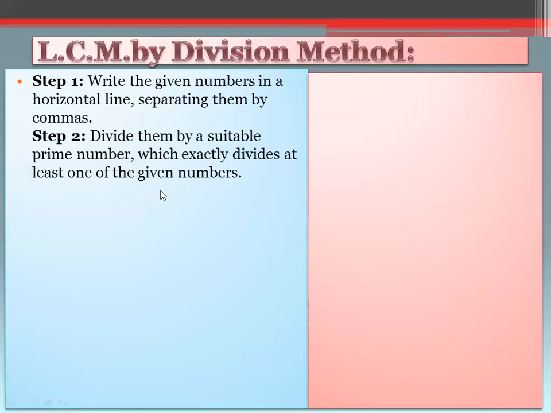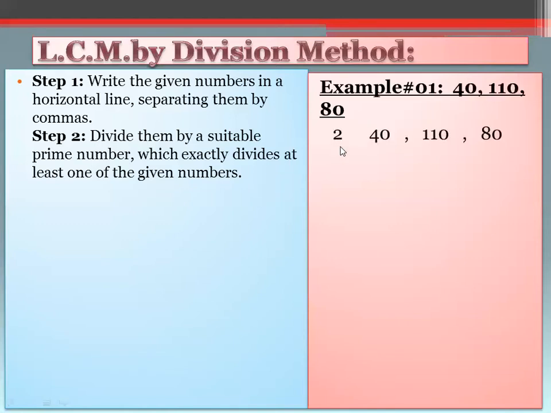So in step number one, write the given numbers in a horizontal line, separating them by commas. Just like this, you will write all these numbers in a single line in a horizontal way, and just forget about this two.